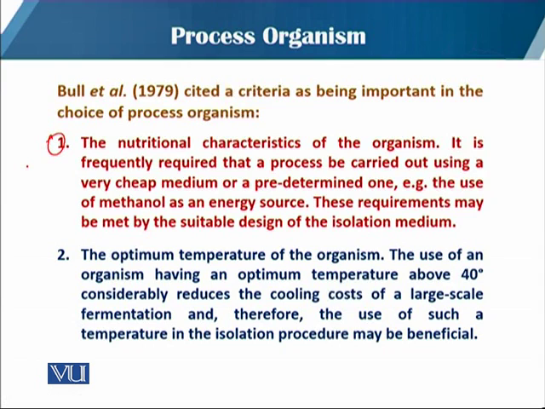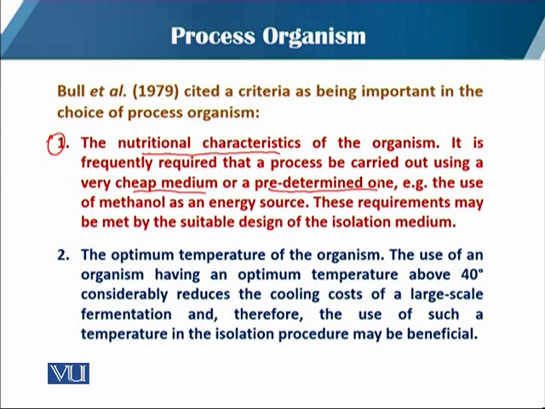The first criterion on which the process organism has to be selected is the nutritional requirement, or nutritional characteristics, of that organism. It is frequently required that a process be carried out using a very cheap medium or a predetermined one, for example the use of methanol as an energy source.